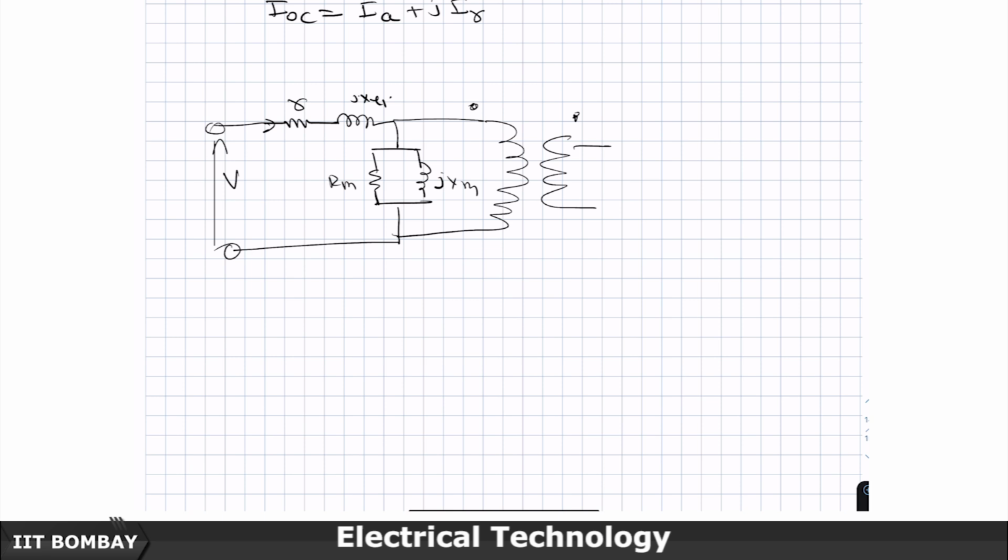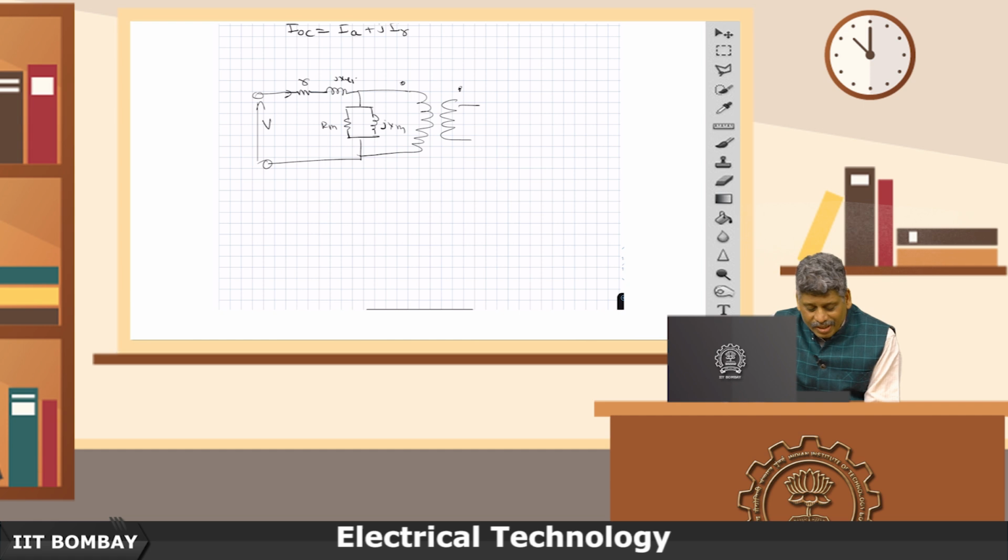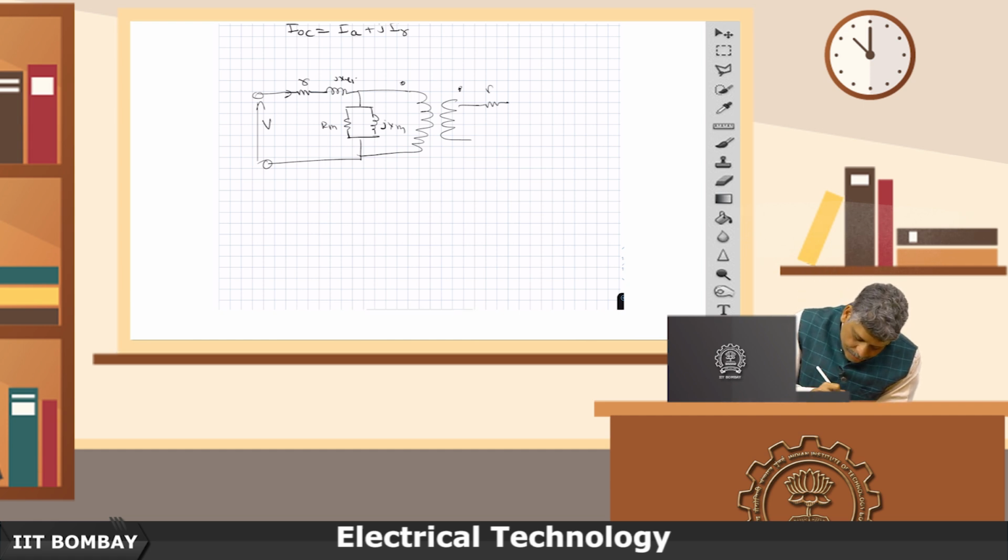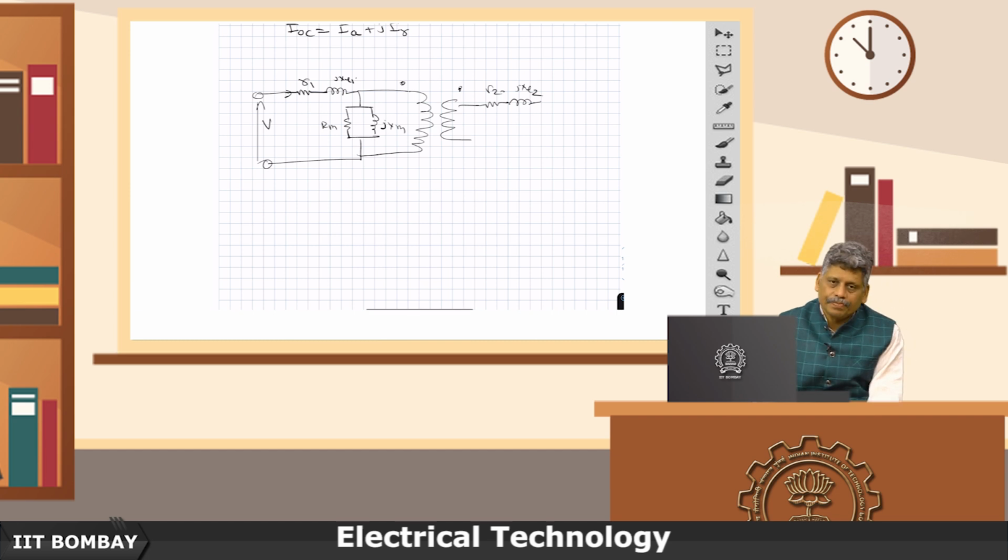Now, is the secondary winding conceptually any different from the primary winding? No, it also creates a leakage, it also has a resistance R2, and it also creates a leakage flux which is proportional to the current flowing through it, and after these drops have been taken away, whatever is available, that is available to your load.